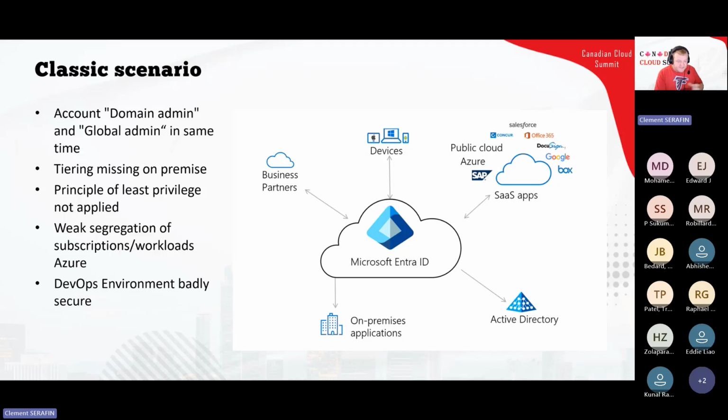Most of the time the principle of least privilege is not applied well, which can provoke lateral movements. We have weak segregation of different workloads. A lot of people have production in Azure, but the weak segregation will impact them, and we'll see that later. And as well, because now we are automating a lot of stuff, we are using DevOps to deploy our environments in Azure, and most of the time we see DevOps environments which are badly secured.